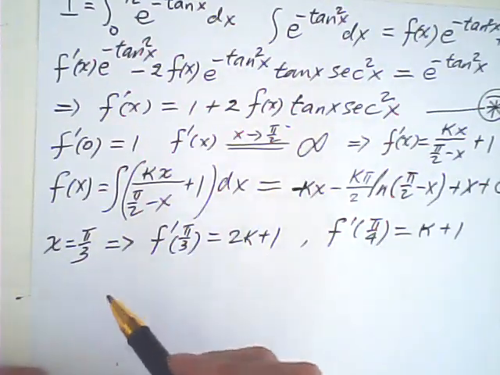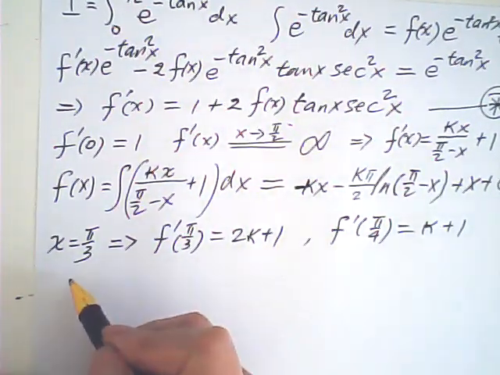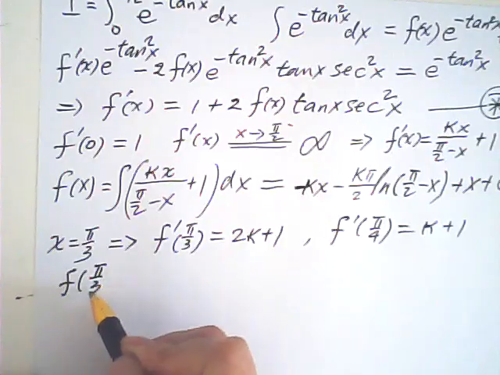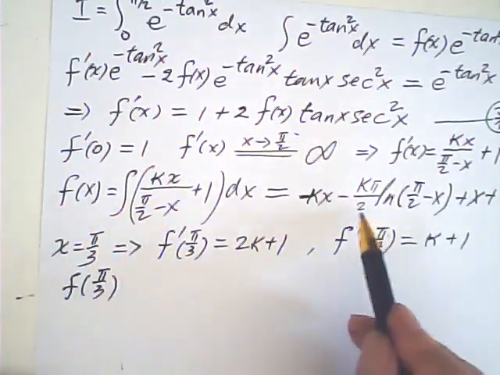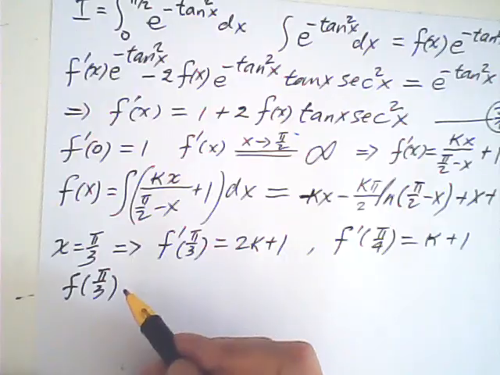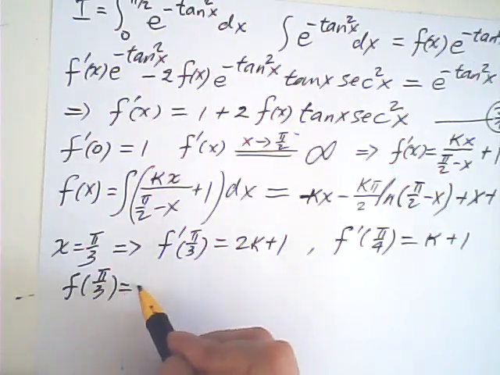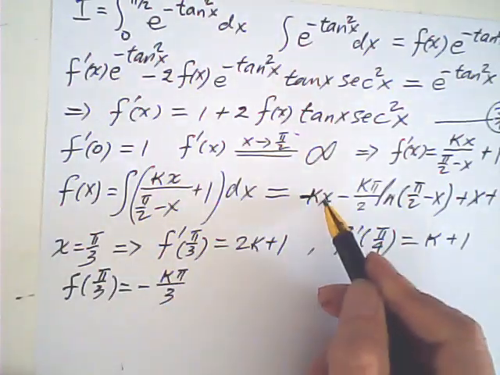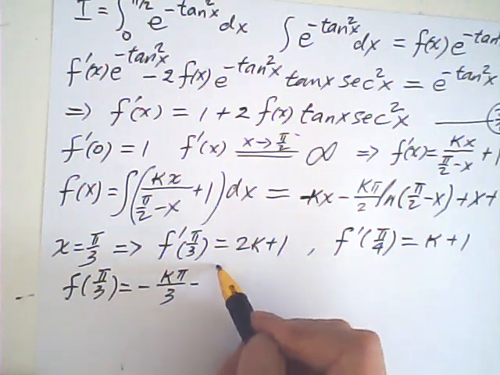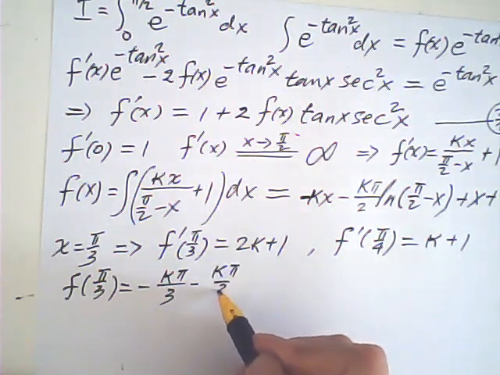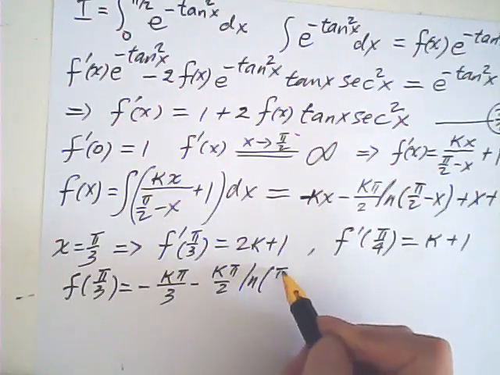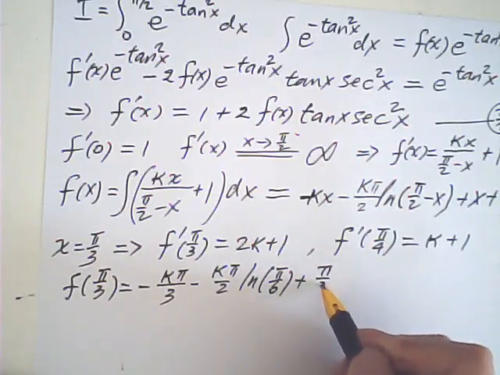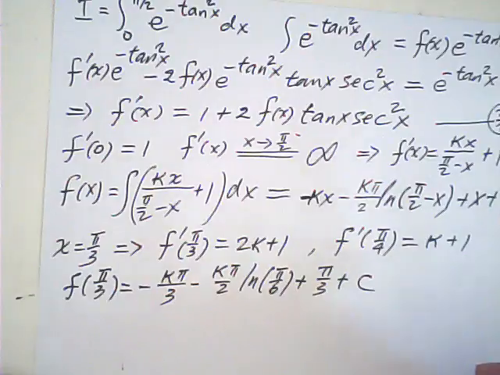And I needed two equations. Then f of 1/3 pi, this is f of x, right? So this is equal to negative k pi over 3 minus k pi over 2 log pi over 6 plus pi over 3 plus c.